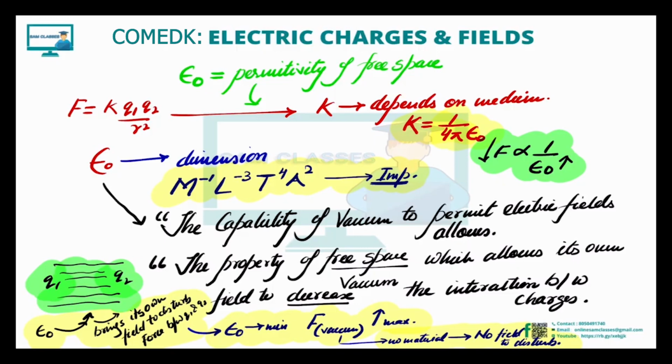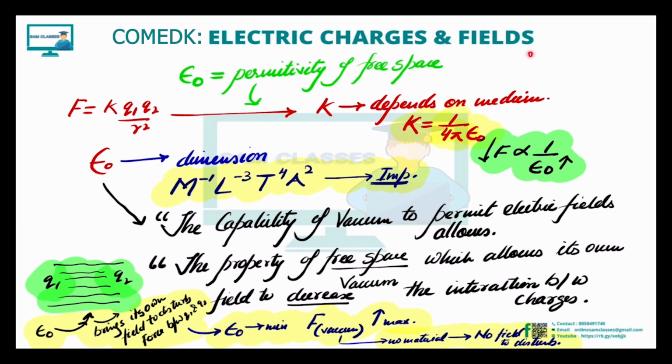We can understand it one way like this. What about the other way? Let's see. It is the property of the free space which allows its own field to decrease or disturb the interaction between charges. Since air, we can understand, is a very weak medium, it doesn't disturb much.